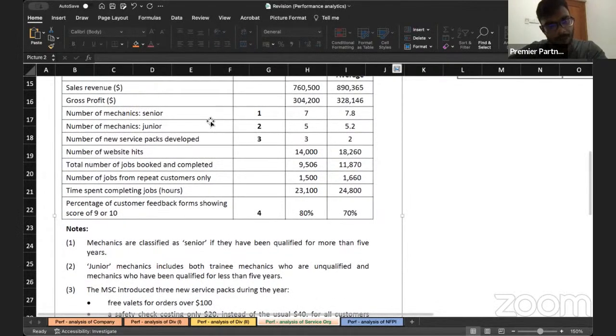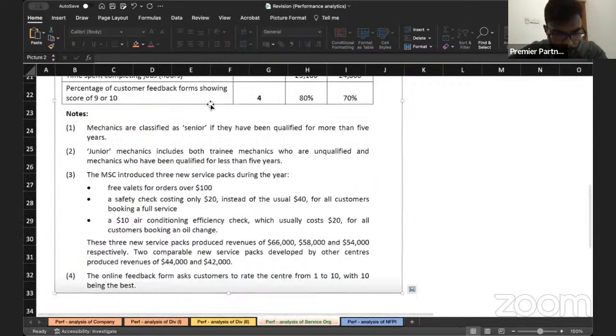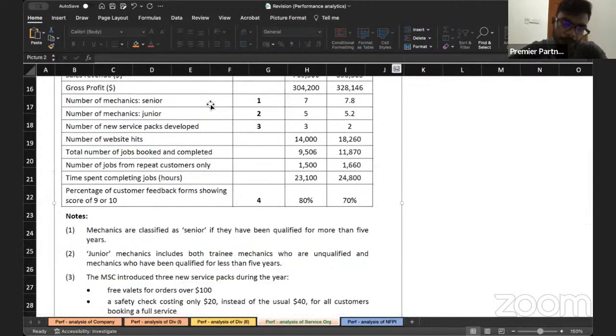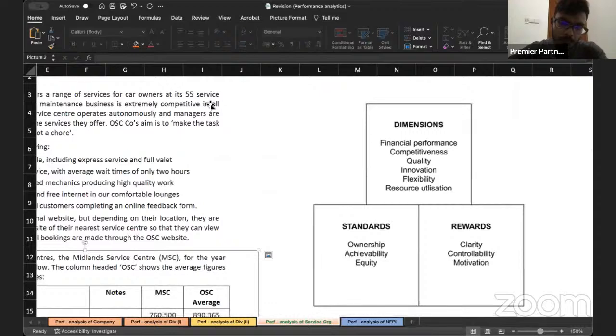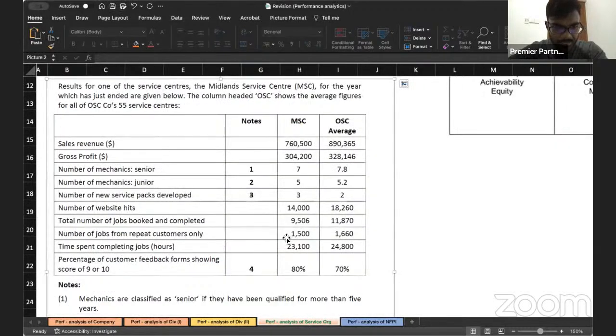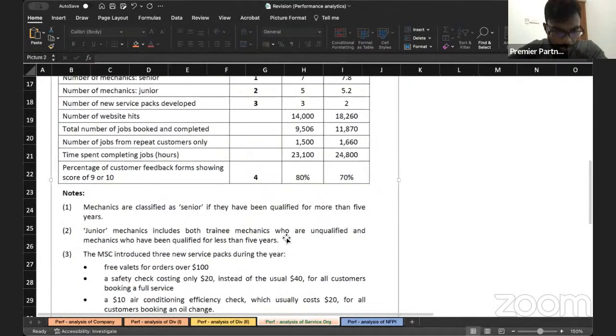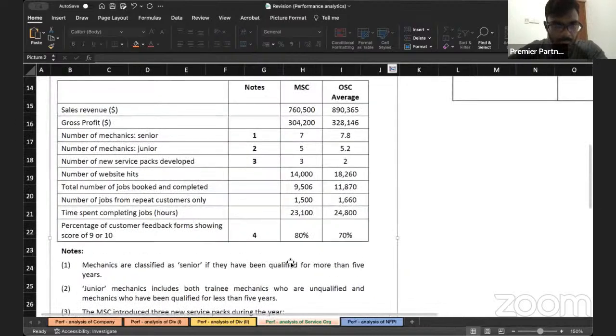So for resource utilization, I think you can take this, time spent, right? The efficiency. Flexibility, people. Any idea? Nothing comes into my mind. Okay, you know what?